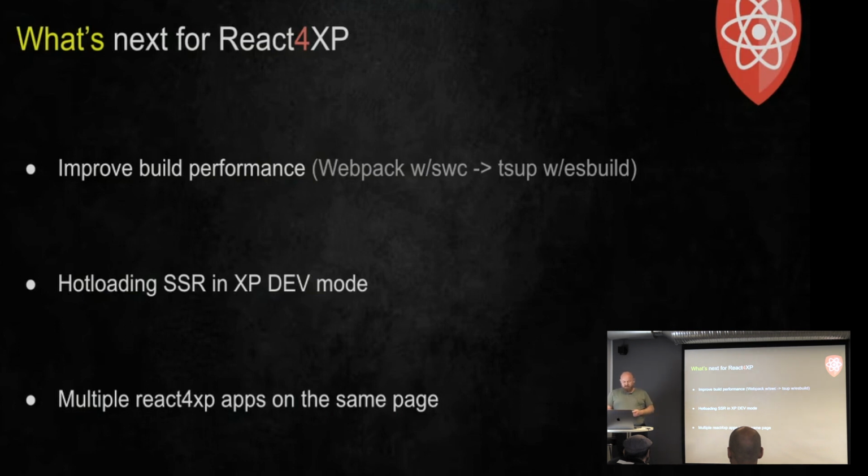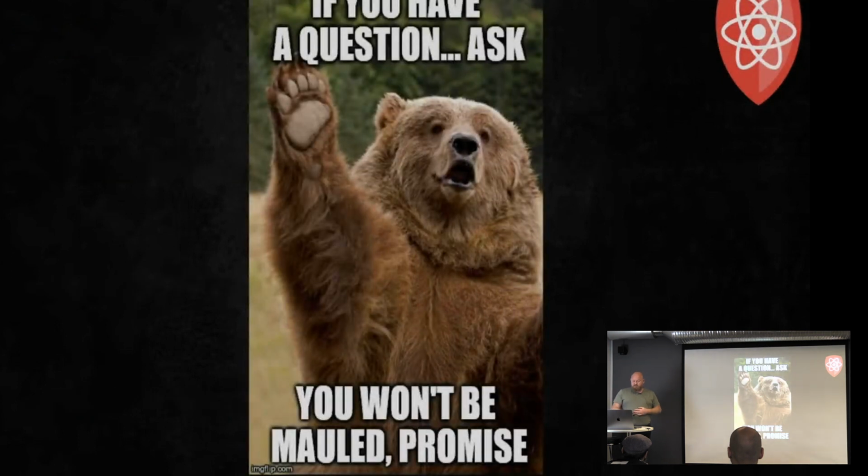So that's quite an improvement. We also want to have hot loading when you're running XP in dev mode. And we want to improve how we support multiple React4XP apps on the same page, like Posten does. I think that's it.